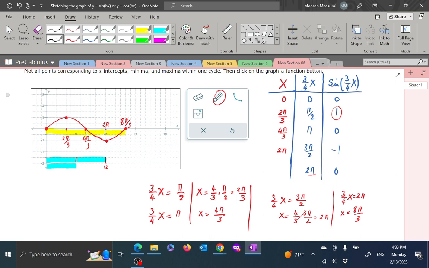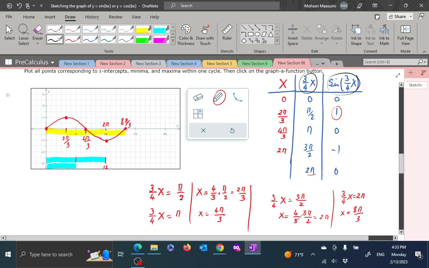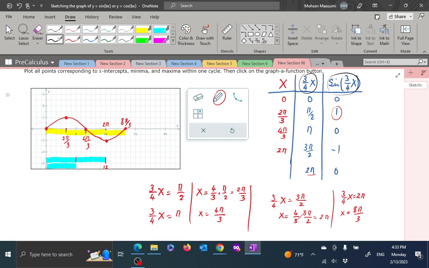So again, what did we do here? We had 3/4 of x was the input, sine of 3/4 of x. We list the angles here, the 5 important angles, and the sine of them. That's easy. That's standard in all of them. And then from each of them, we calculate what x is supposed to be.